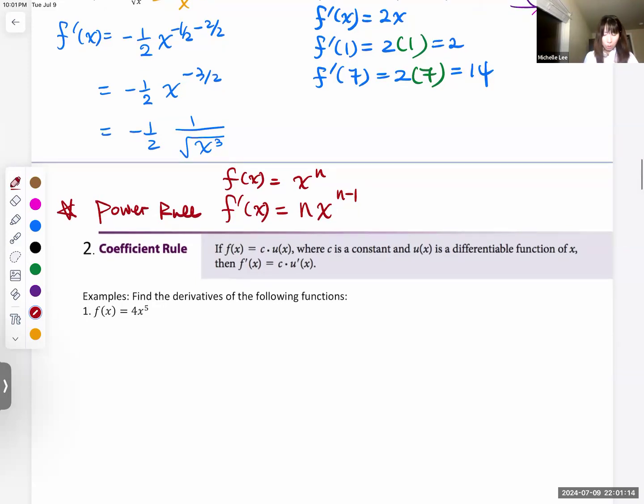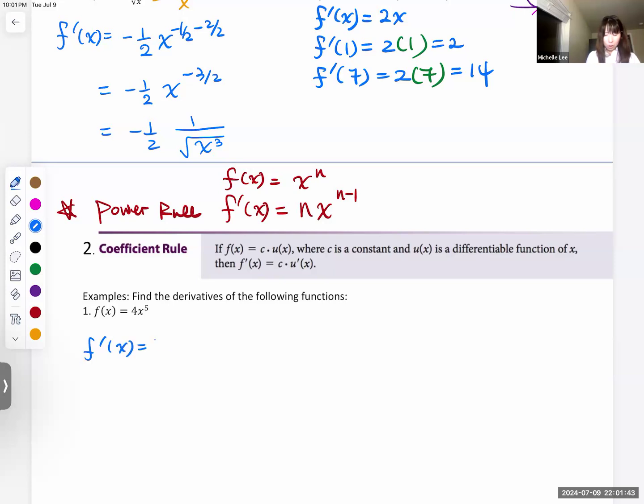All right, now the coefficient rule. If we have a function, they denote c as a coefficient, and then this is a function, right? Then we keep the coefficient and then take the derivative of the term or the function, right?